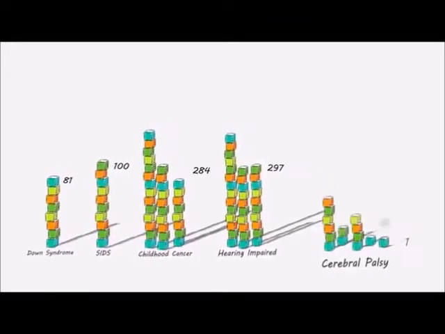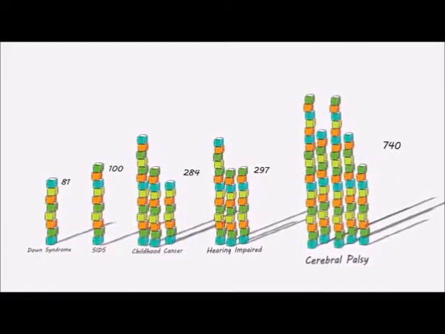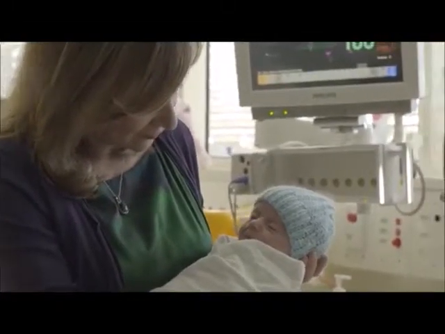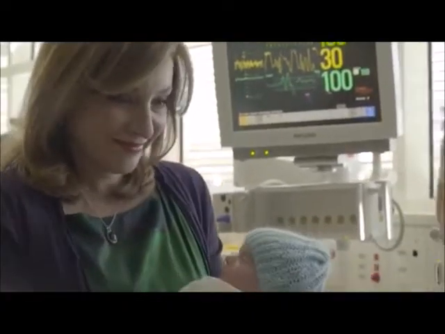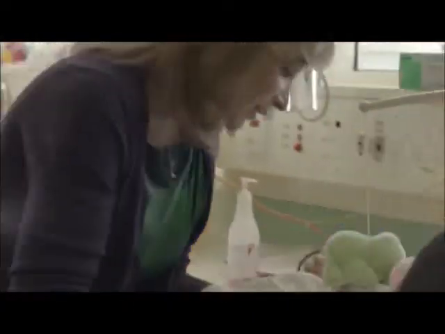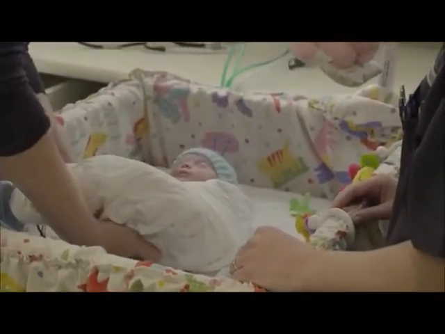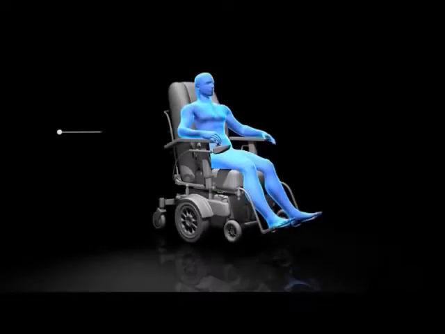Cerebral palsy is the most common physical disability in childhood, with 1 in 500 children born in Australia each year. Cerebral palsy affects people in different ways, and this is largely due to the location of the injury in the brain. Therefore, cerebral palsy is described in a number of ways, including the parts of the body affected and the way in which it affects movement.